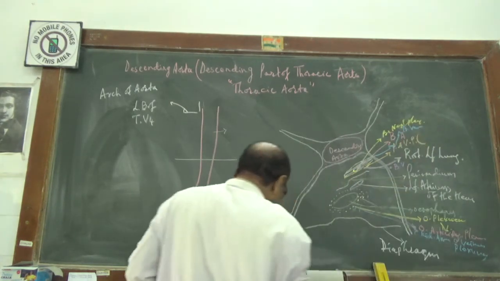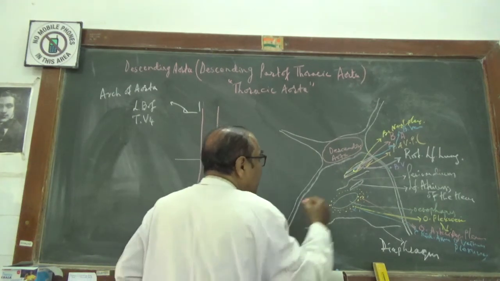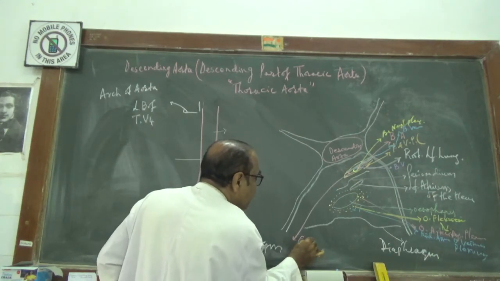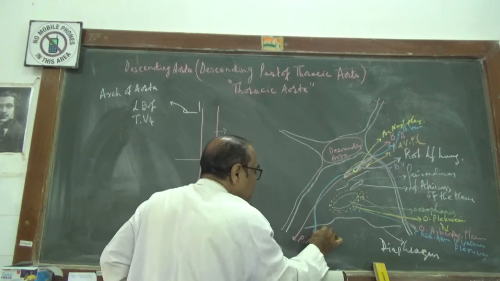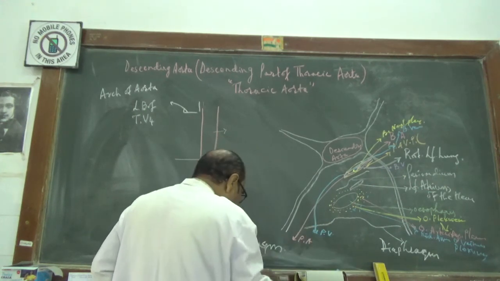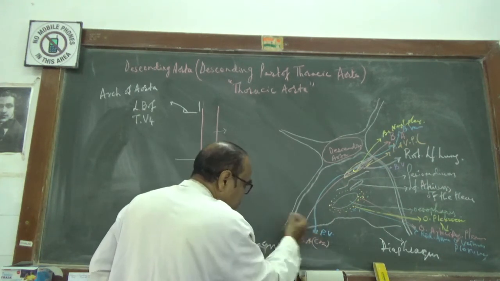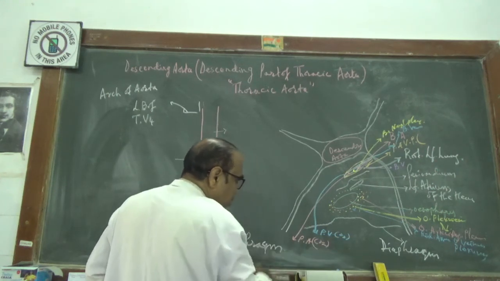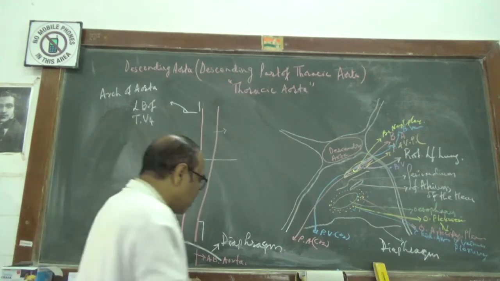After that, other than that, you have the pulmonary artery and pulmonary veins. The pulmonary artery carries carbon dioxide blood for the pulmonary circulation, and the pulmonary veins carry oxygenated blood after the pulmonary circulation is over.